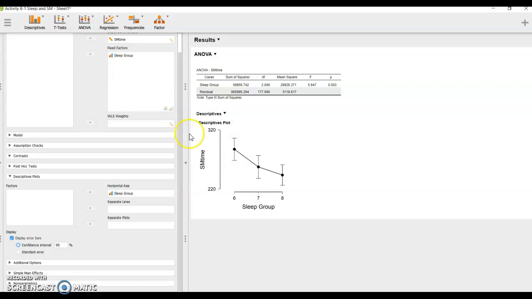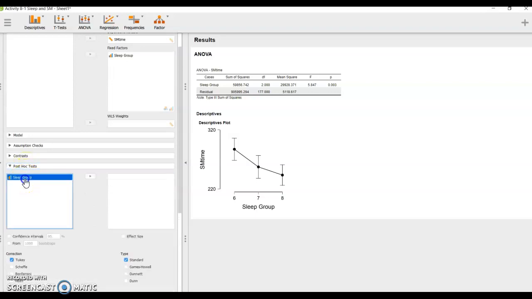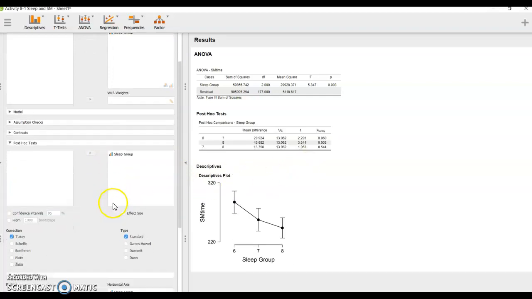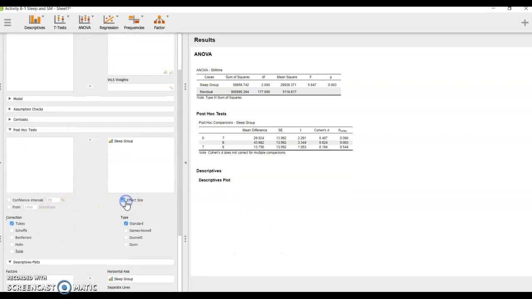Okay? So to do the post hoc test, you click on the post hoc menu over here on the left-hand side, and you're going to move sleep group over into the box on the right to get post hoc tests. Okay? Also ask for the effect size associated with that post hoc test as well. That'll give us Cohen's d for each of those comparisons. Okay?